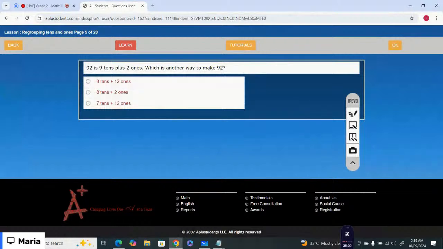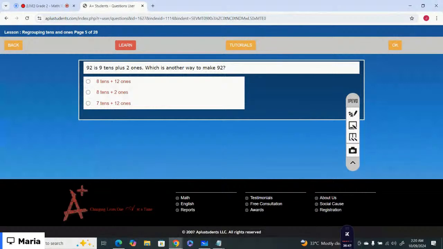92 is 9 tens plus 2 ones, which is one way to make 92.